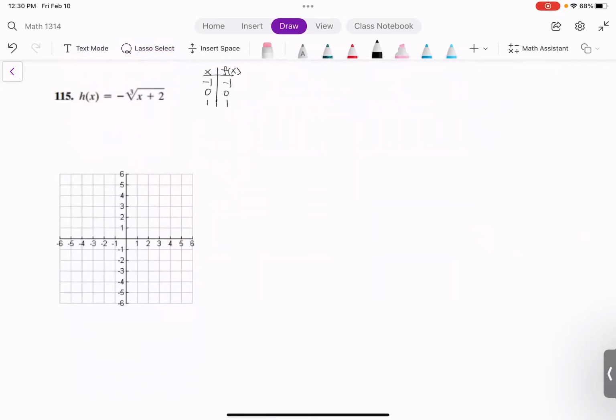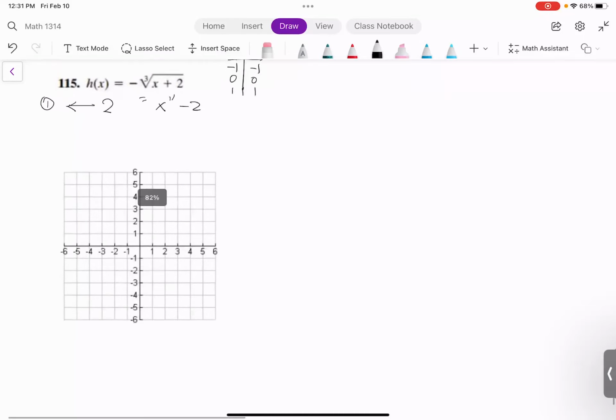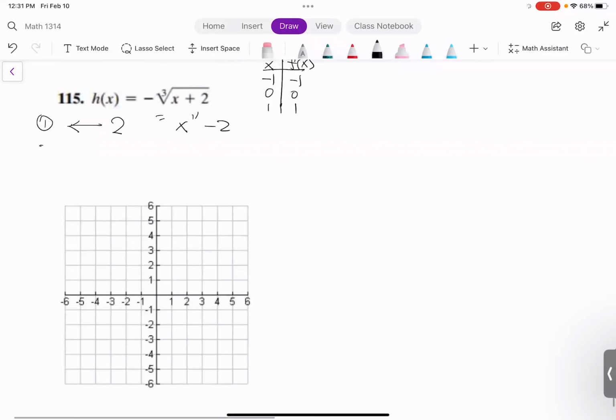The first transformation, we are going from inside. So inside x plus 2, that means move to the left 2 units. All the x minus 2. And the second transformation is outside, we have a negative sign, the reflection along the x-axis. And then all the y multiplied by -1.